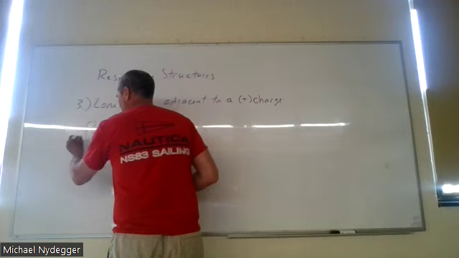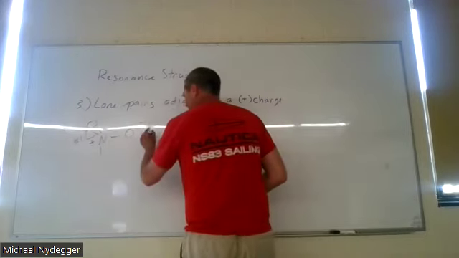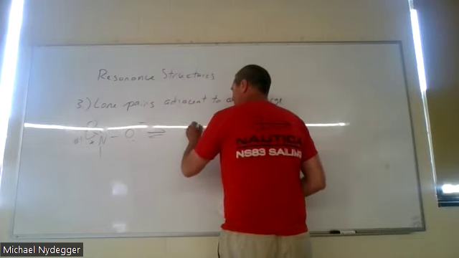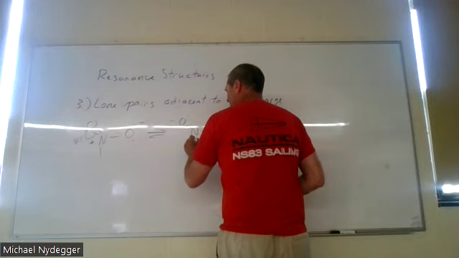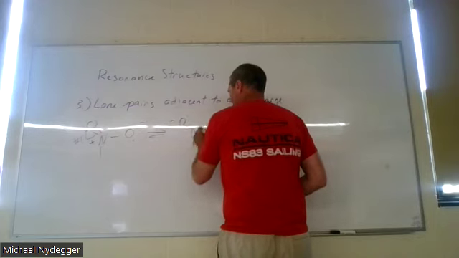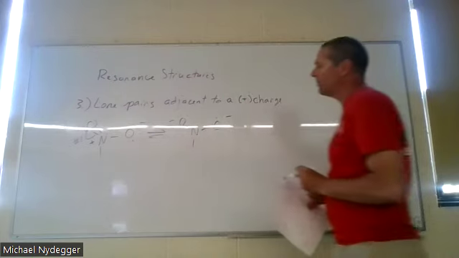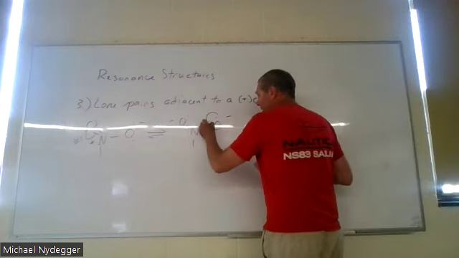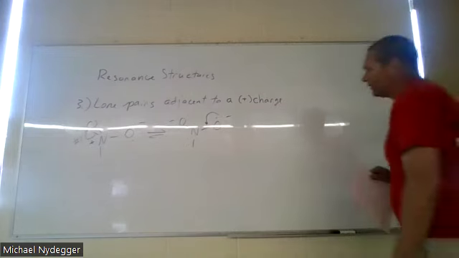That's your number 1 step, right? What we have is a nitrogen, an oxygen, negative. And now one of the lone pairs from that oxygen goes and forms a double bond with the nitrogen.